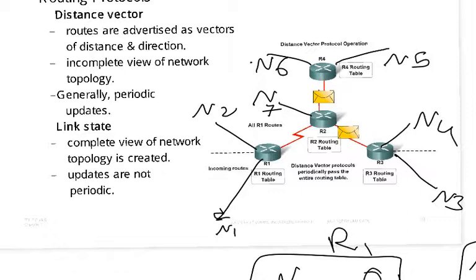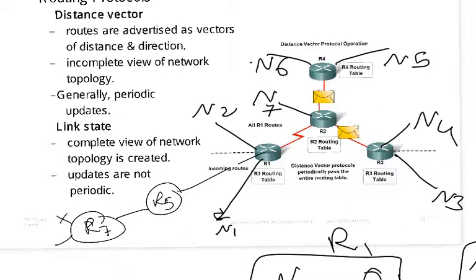So for example, this router connects to another router, and this router connects to another router, and so on. This router will send the state of these links to this router. And this router will not calculate distances.